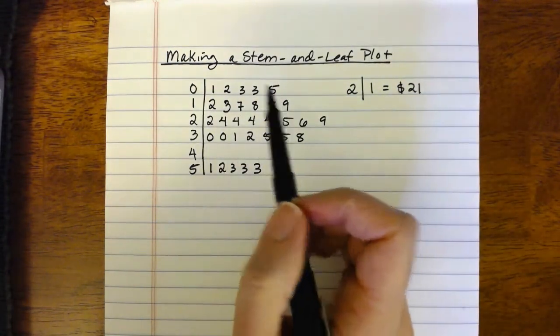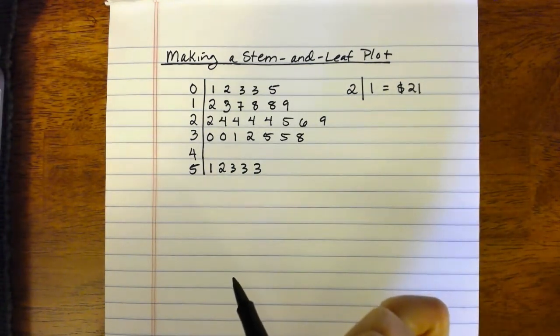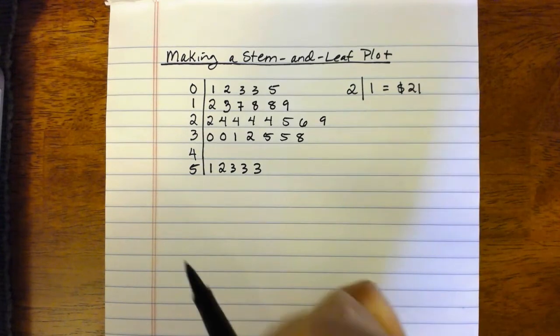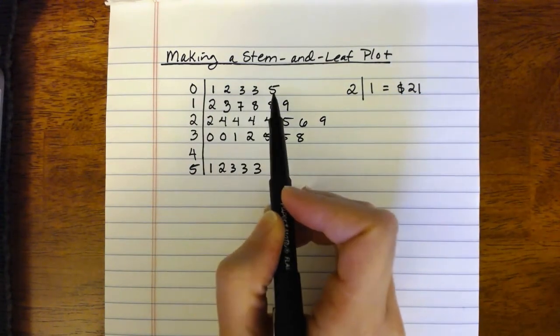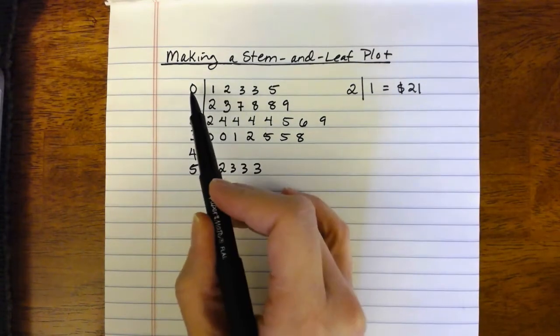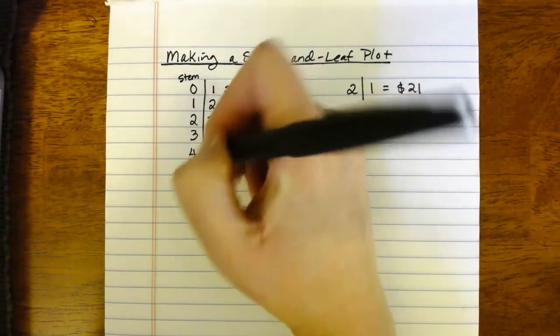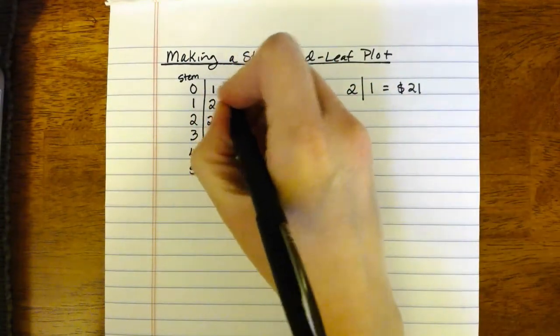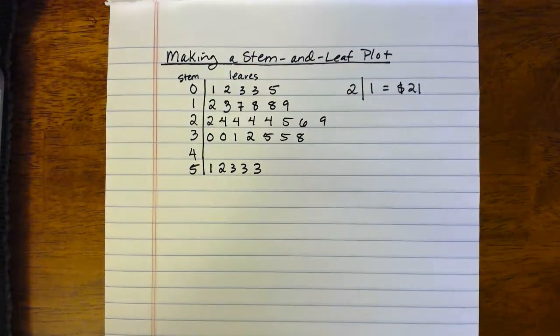Basically, a stem and leaf plot is a compact way of representing a larger set of data. Here we have a bunch of values that are all attached to what's called a stem of 0. The values on the left-hand side of the vertical bar are called the stem, and the values on the right-hand side are called the leaves.